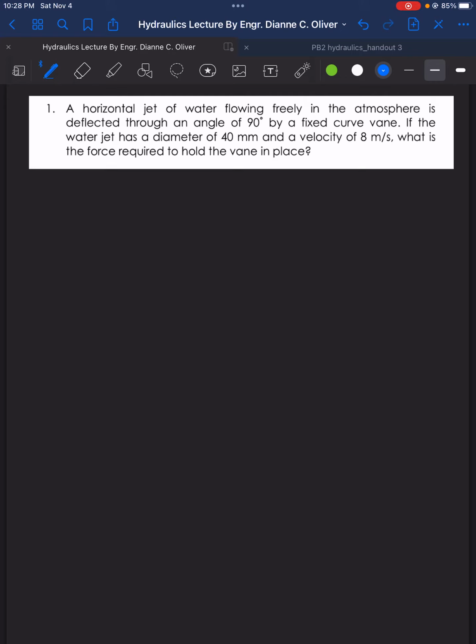So we have a vane that is curved or deflected through an angle of 90 degrees and it's pointing upward. So that means our vane at 90 degrees will look like this. So it's deflected upward.